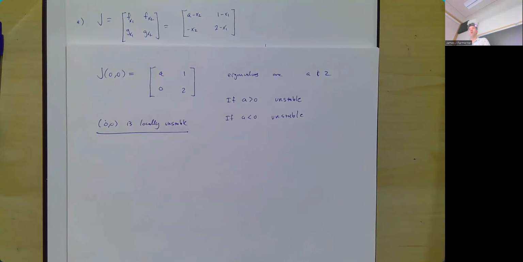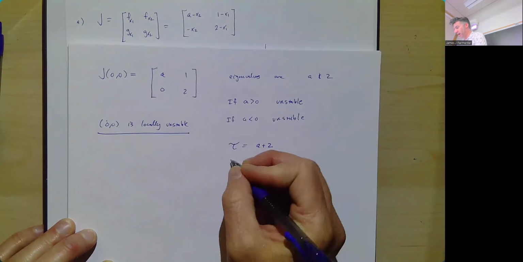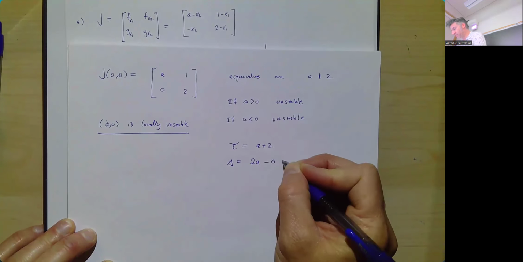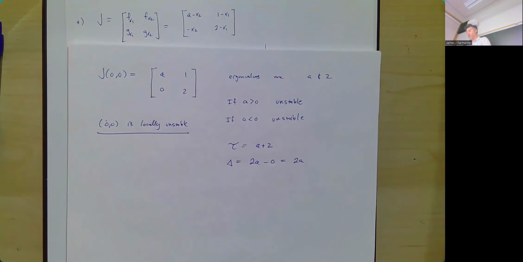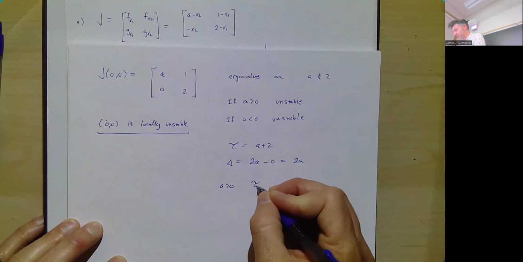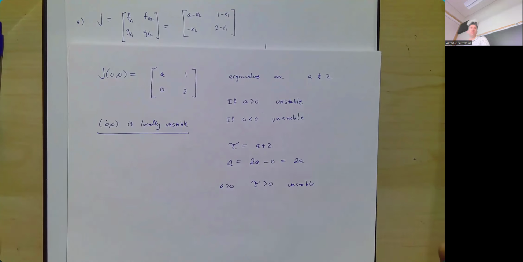Cool. Now I will point out the other way to do this would have been to have said the trace is equal to a plus 2 and the determinant is equal to 2a minus 0. If we break it up, if a is positive, then the trace is positive, so it's unstable. Also the determinant's positive.